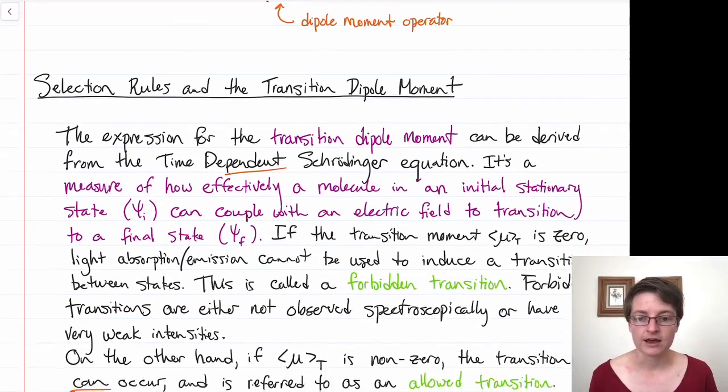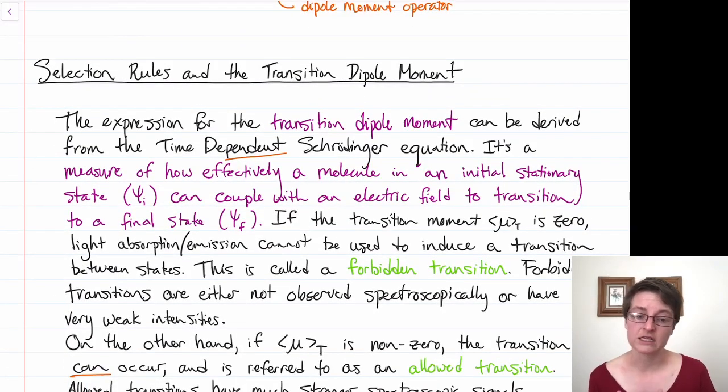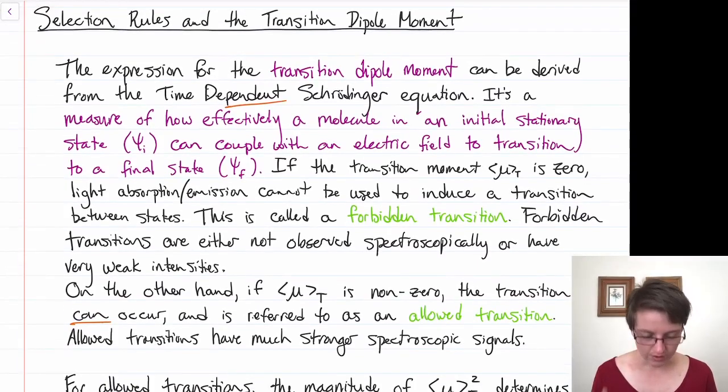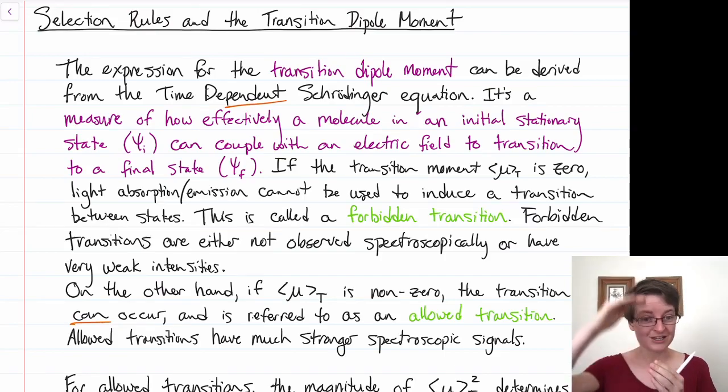It's a measure of how effectively a molecule in an initial stationary state, psi sub I, can couple with an electric field or couple with that electromagnetic radiation, light, in order to induce a transition to a different final state, psi sub F. And so that way of expressing the probability that the light can interact with a molecule in such a way to give it energy to go up to a higher state or help it release energy to go back down to a lower state is called the transition dipole moment.